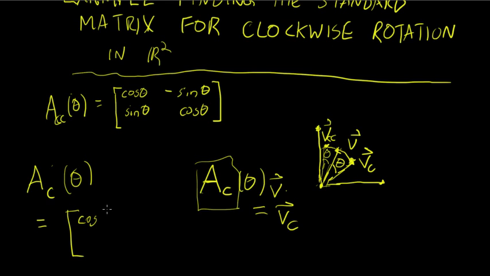Instead of cosine of theta in row 1, column 1, we can enter cosine of negative theta. Instead of sine of theta, we can enter sine of negative theta. Same thing here: instead of negative sine of theta, we have negative sine of negative theta. And here, instead of cosine of theta, we have cosine of negative theta.